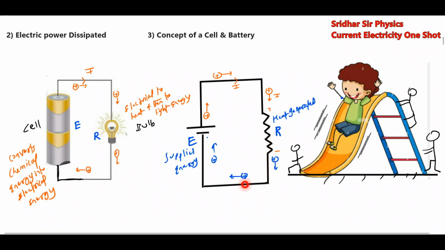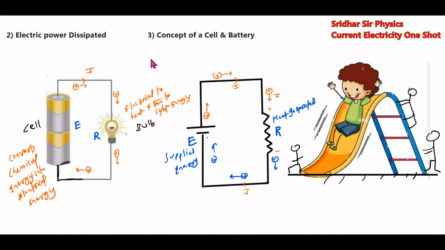Once energy becomes zero, again it will enter the negative terminal. Again the cell, using its chemical reaction, will convert chemical energy into kinetic energy of the charge, and once the charge acquires kinetic energy, it will pass through the resistor. Here with that kinetic energy, it will encounter inelastic collisions, it will overcome the resistance and lose all its energy and return back. Continuously the flow of charge will occur, or nothing but there will be flow of current.